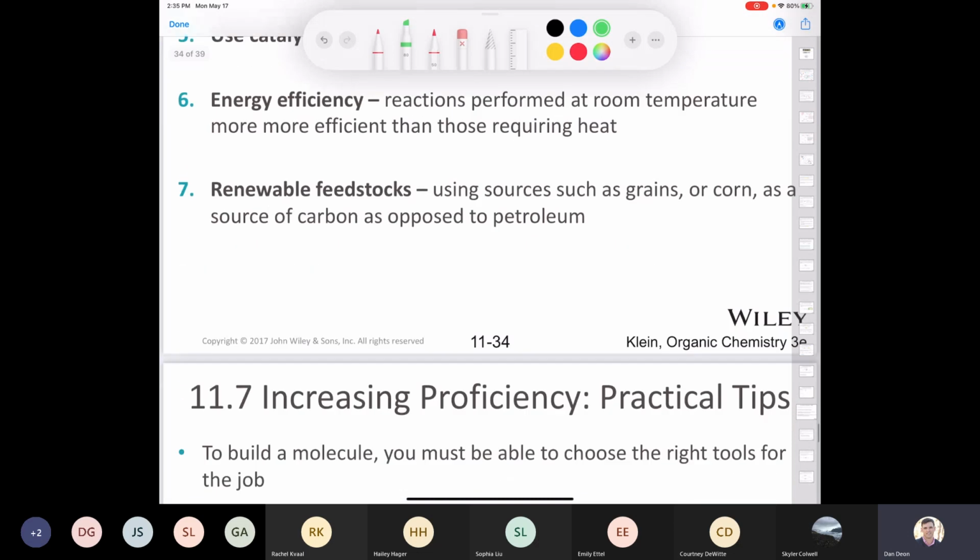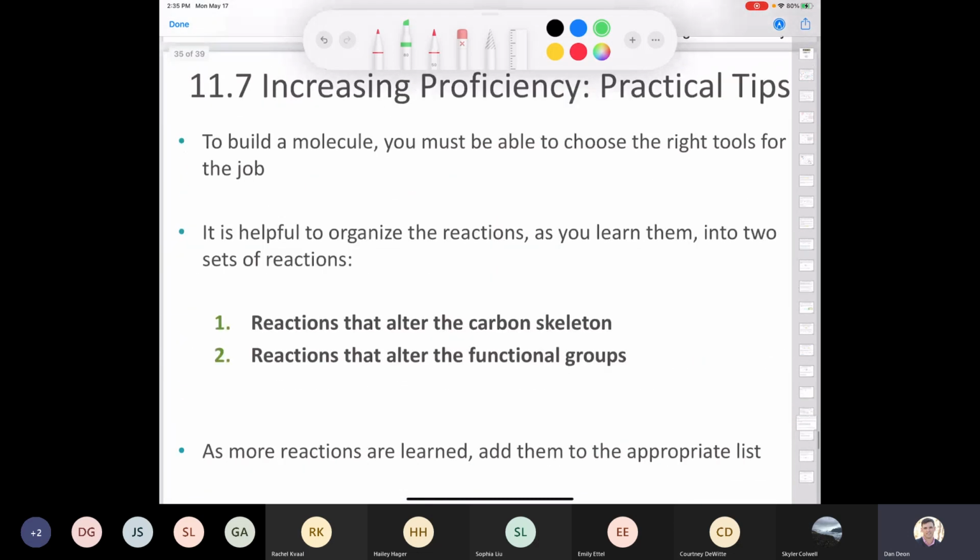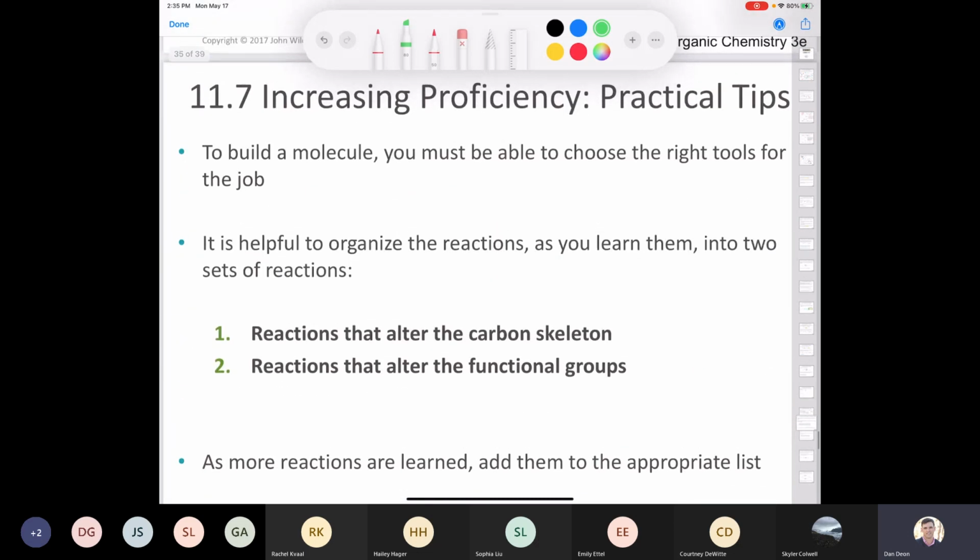The last section of chapter 11 deals with creating your own practice problems and organizing the reactions in your brain. There's kind of two sets of reactions: ones that move functional groups around, and ones that change the carbon skeleton. All of my students that I've taught over the years, thousands of students, have developed their own ways of memorizing reactions and helping them make sense.